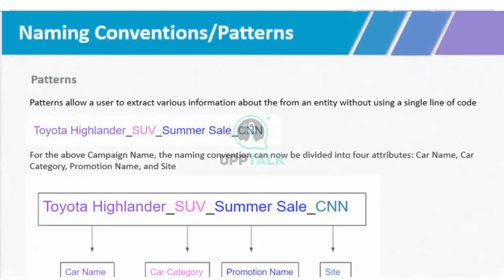Let's look around this as our first step towards learning. Coming to patterns. Patterns allow the user to extract various information from an entity without using a single line of code. This is basically the extract function that we had used.